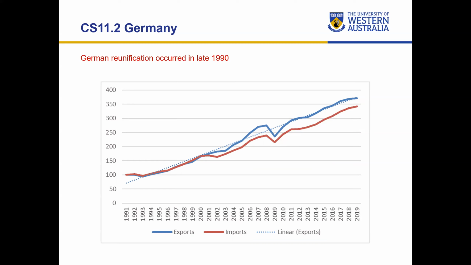Even in the current year, Germany is still running large current account surpluses. And so this is just another visual showing when Germany's current account balance went into surplus, just to sort of reinforce the point.